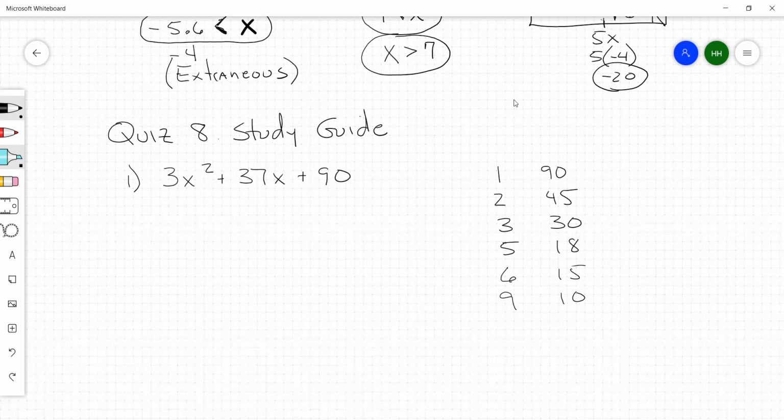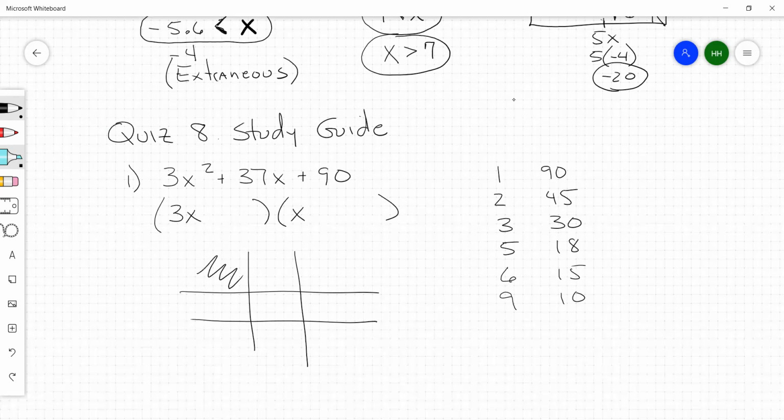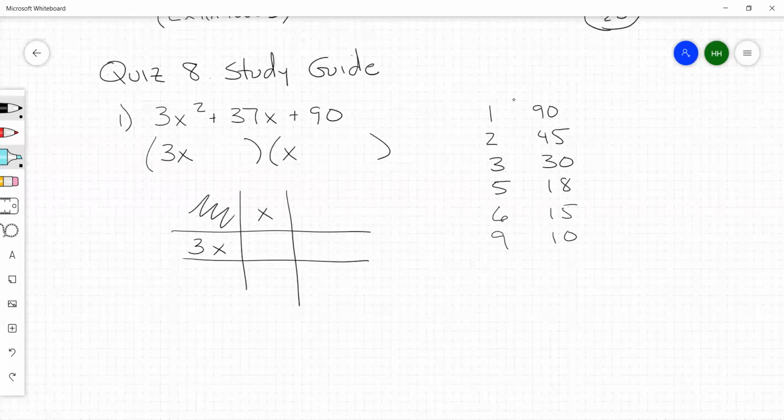All right. So going here and here, I know I need a 3x and an x, and I got to get all the way to a 37 in the middle. So I feel like I need some of these larger factors. 6 times 3 is 18.